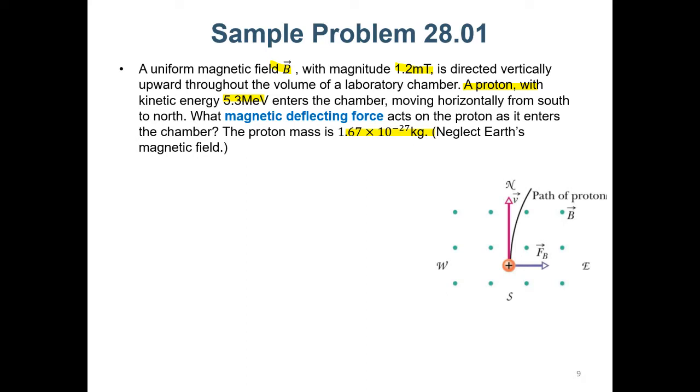So first we calculate the velocity of the proton, which should be the square root of 2K over m.